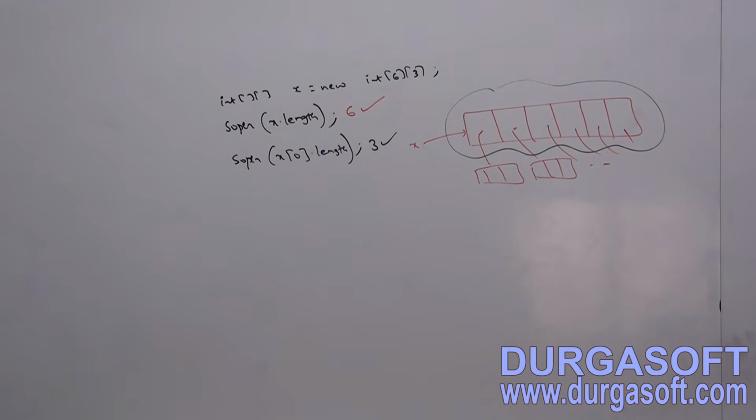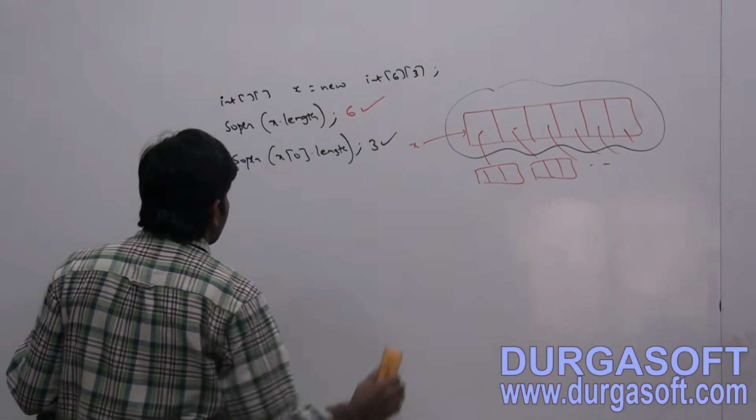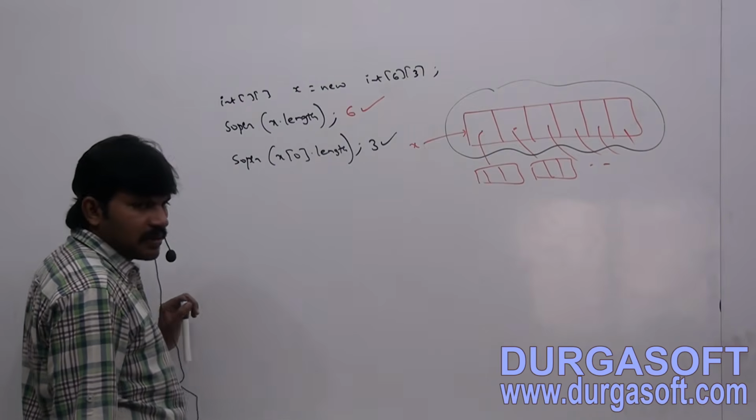Completed, I hope. Okay. SOP of x dot length is 6, x of 0 dot length is 3.